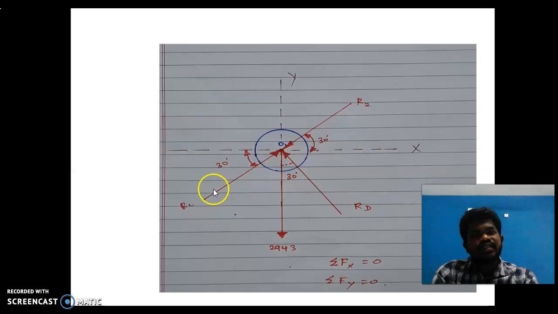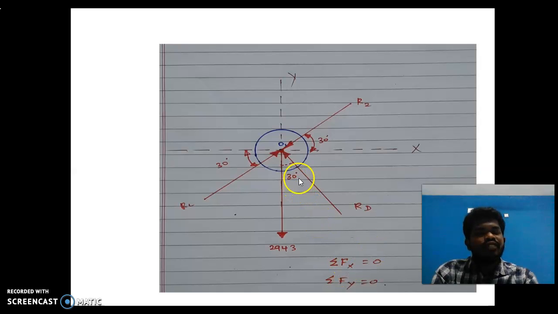We use basic trigonometry to find the 30 degrees. And this is R2. R2 means the reaction force applied by pipe B on pipe A. So this is the pipe A section, and RD is the reaction force at contact point D. Here too we find 30 degrees from the basic trigonometric equation.